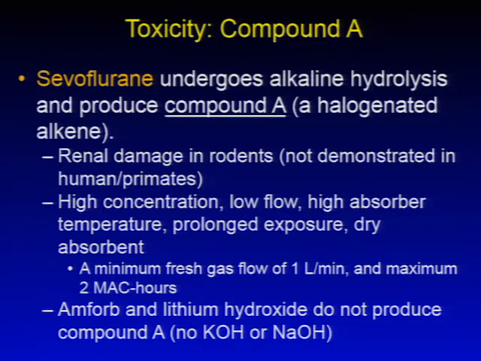High concentration, low flow, high absorber temperature, prolonged exposure, and dry absorbent increase the sevoflurane absorption into the soda lime and its degradation into compound A. Therefore, when you use sevoflurane, a minimum fresh gas flow of 1 liter per minute is recommended, and the duration should be limited, with a maximum dosage of 2 MAC hours.